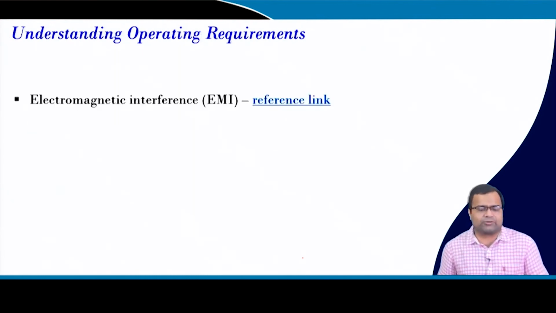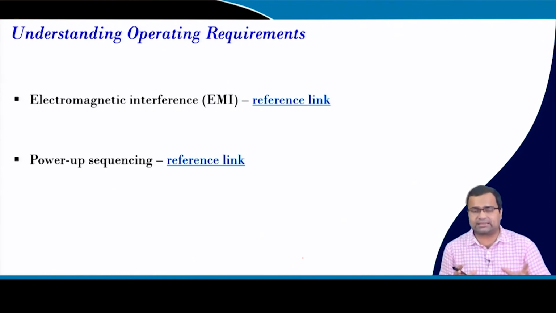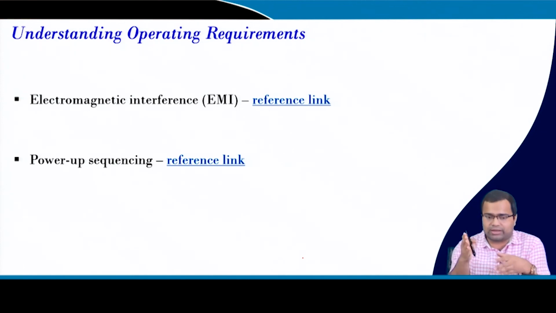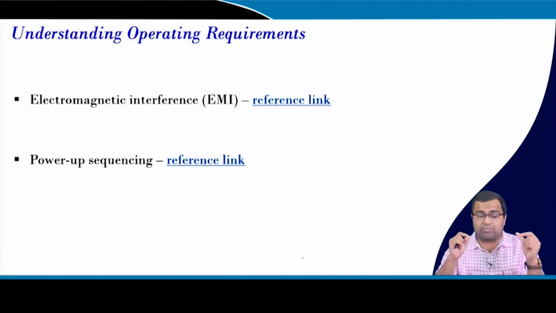Then, understanding operating requirements, we discussed the electromagnetic interference effect and power sequencing. That means if multiple converters undergo transients, then we need to create a sequence of events, and now the power management bus is coming up, which can be used for digitally controlled converters to communicate between multiple subsystems, because we talked about multiple POLs for a smartphone, where each POL will undergo a different transient while driving its load, but the battery is a single source.